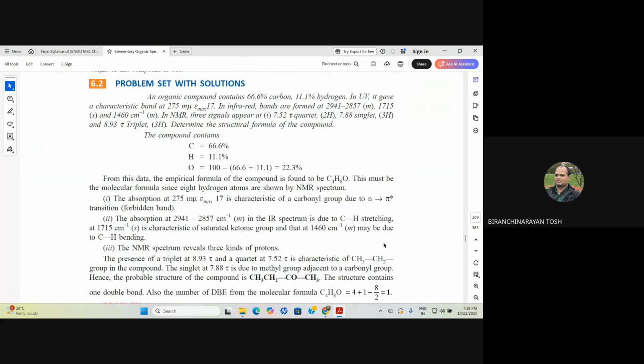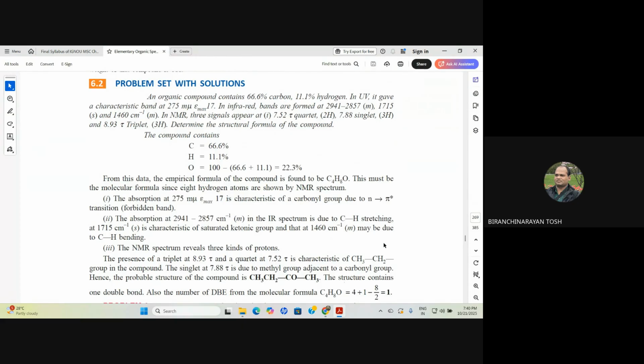So from this percentage composition, we can get the empirical formula of the compound, which was found to be C4H8O. Empirical formula is C4H8O, but is it the molecular formula? Yes, sir, this must be the molecular formula.